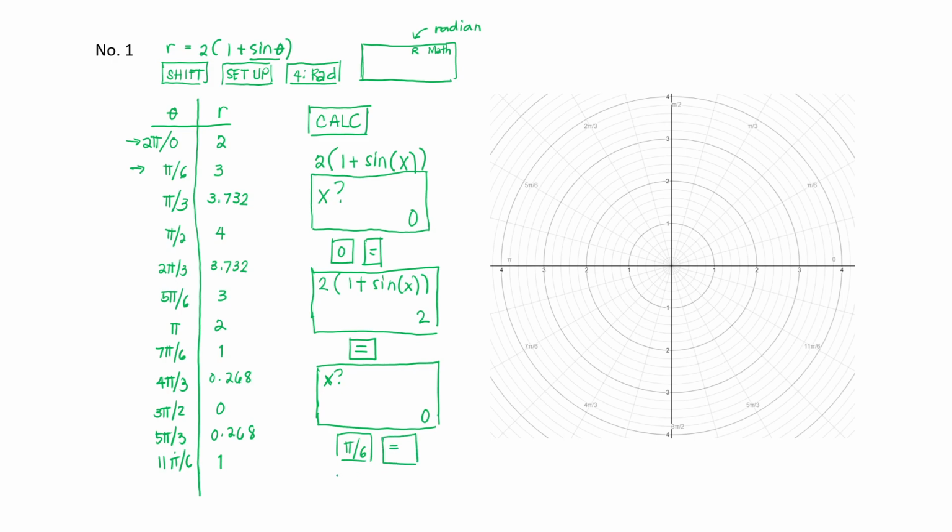What will appear is again the equation, so let's say 2 times 1 plus sine alpha x, and then the next answer is 3, right?